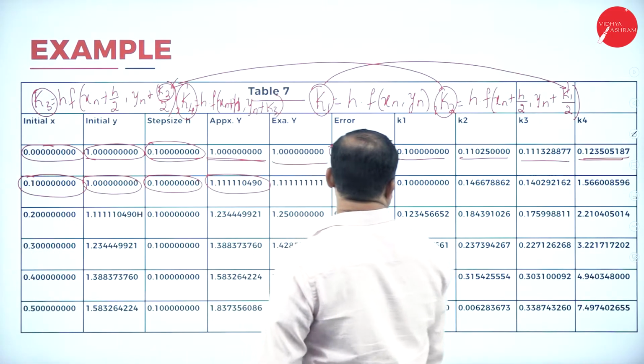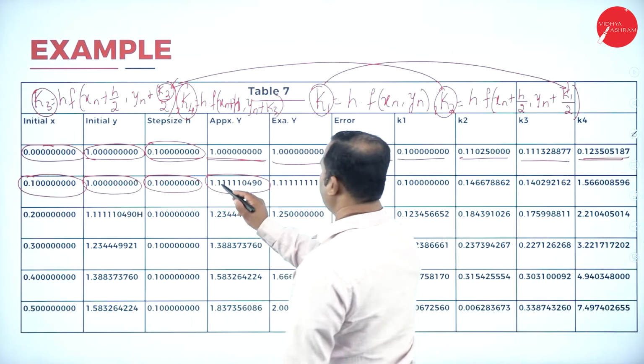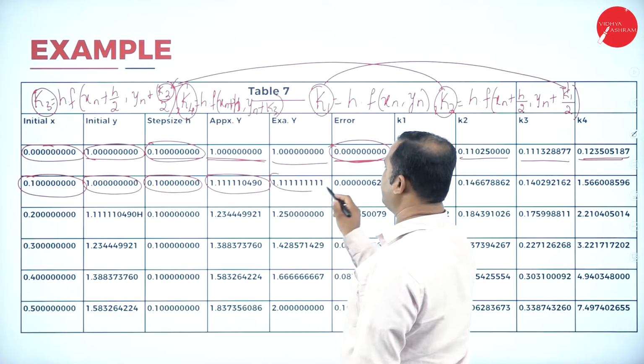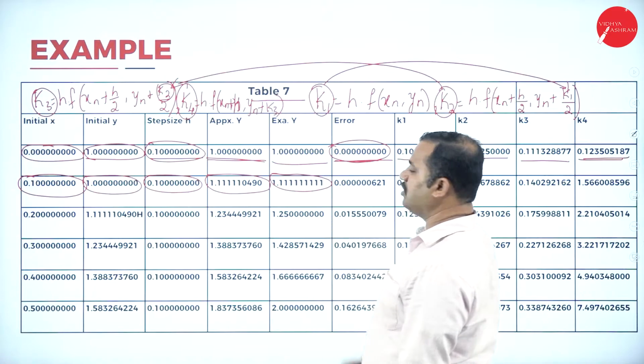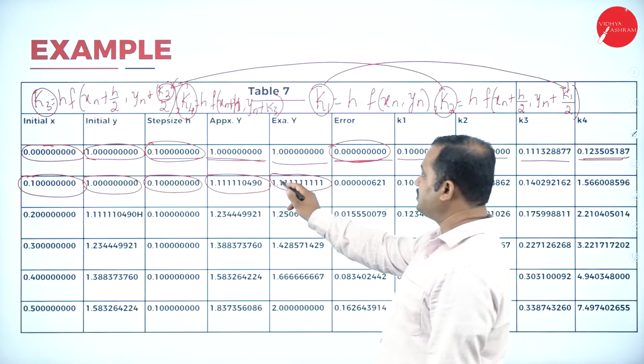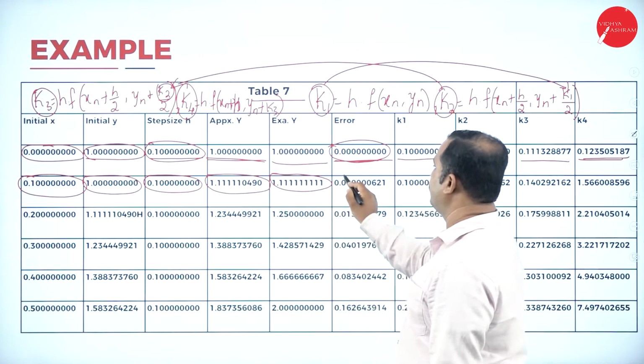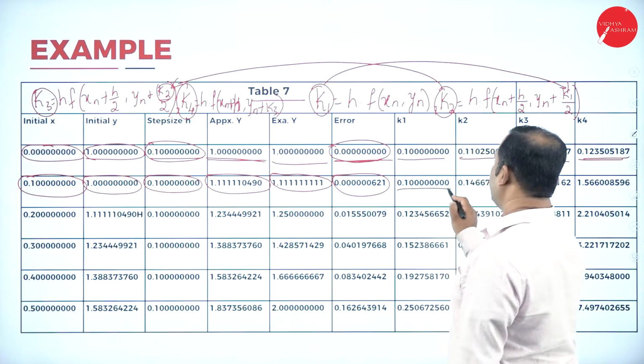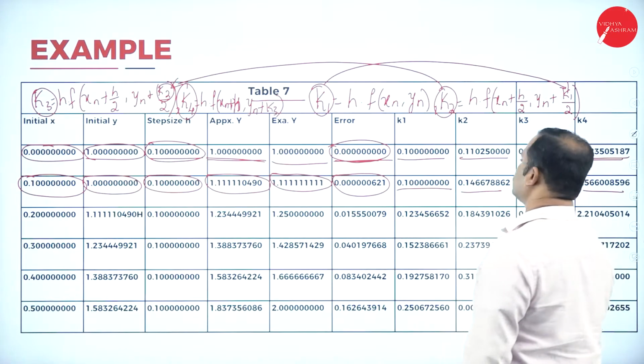So we have 1.111110490. Then we have the exact y, this is the value we have obtained. Exact y minus approximate y will give you the error. Then again k1, k2, k3, k4 are obtained.